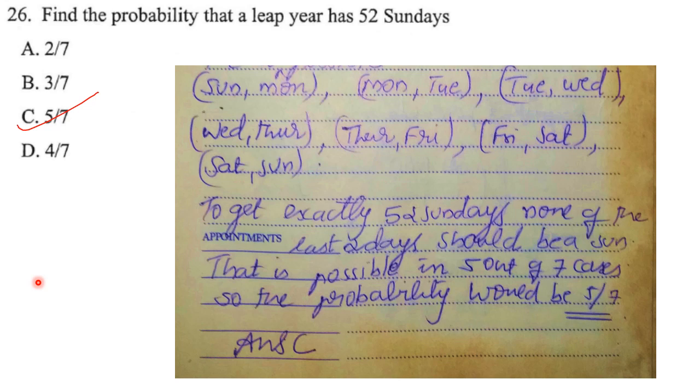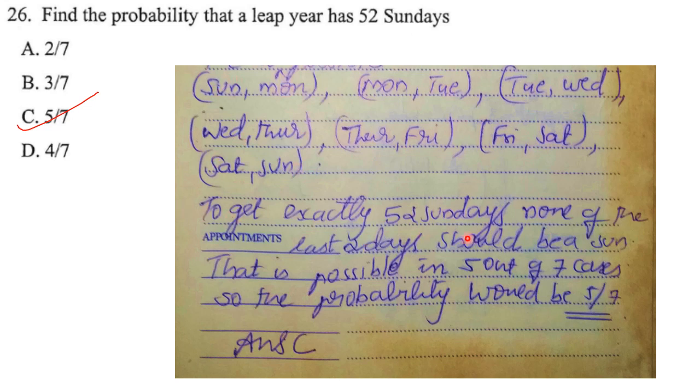So let us look at the combination of the 2 days possible. Sunday-Monday, Monday-Tuesday, Tuesday-Wednesday, Wednesday-Thursday, Thursday-Friday, Friday-Saturday, Saturday-Sunday. So you get Sunday only for 2 days, 2 possible combinations, that is this one and this one.